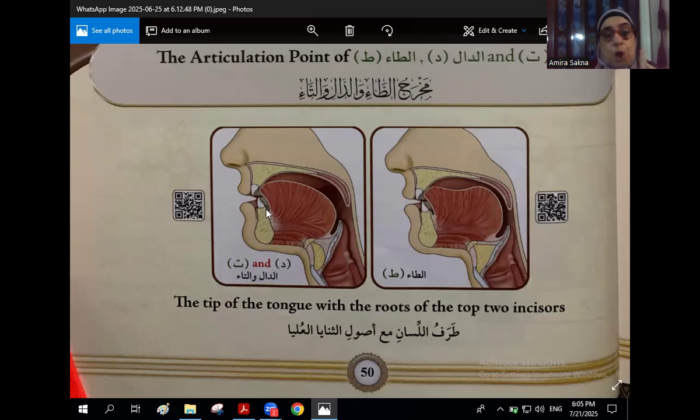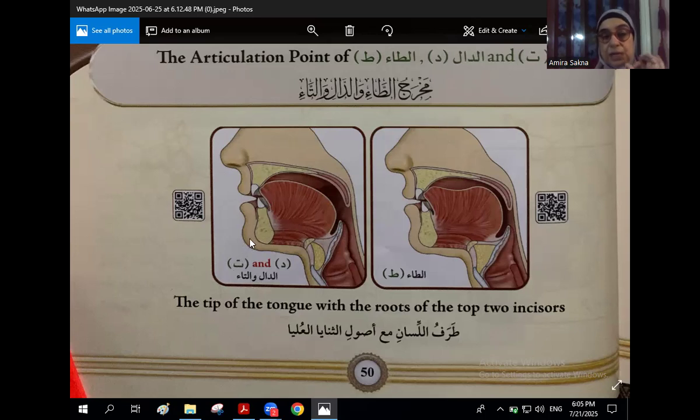The difference is when I open the articulation point. When I'm pronouncing the Dal, to finish the pronunciation of Dal, I apply qalqala. There is sound running when the articulation point is opened, coming out after it was held when the articulation point was closed.